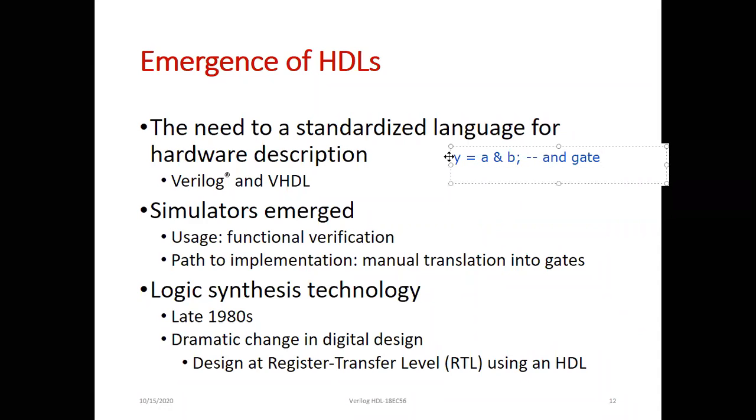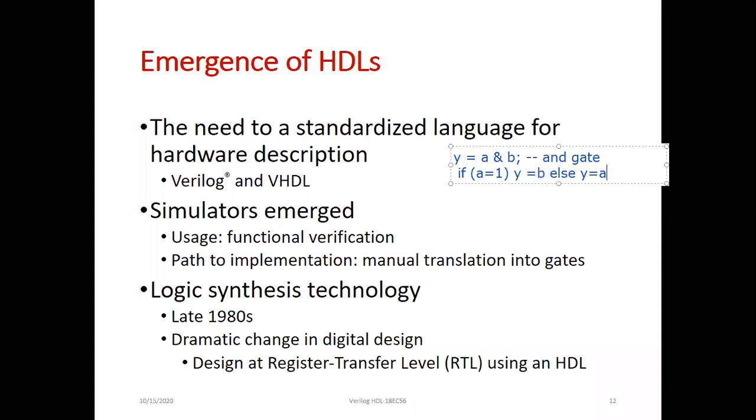But think: if I write if A is equal to 1, then Y is equal to B, else Y equal to A, as a simple example, what will the system understand, and what kind of circuit will it generate?